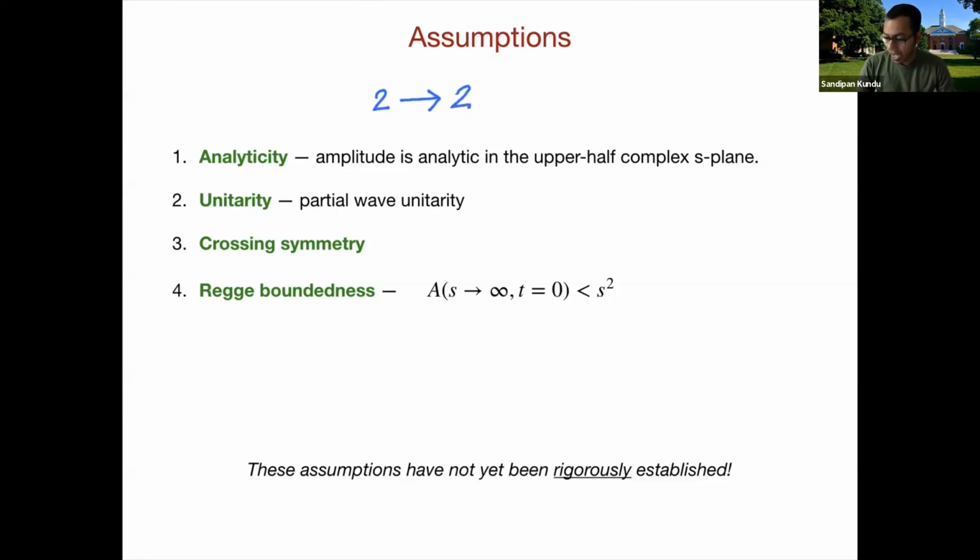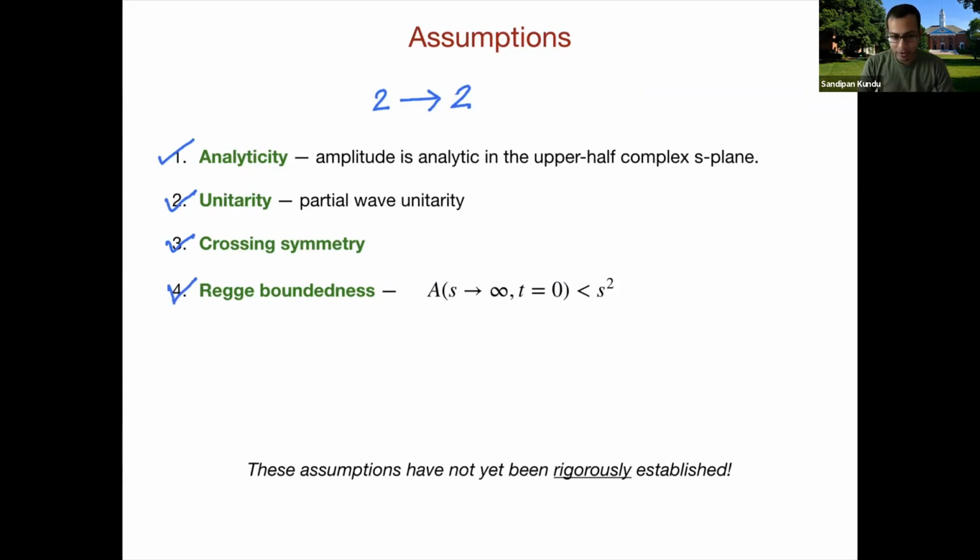So what we have to assume to derive any bound is basically that the 2-to-2 scattering amplitude is analytic. When I say analytic, I mean in the complex S-plane, it's analytic everywhere other than on the real axis. It obeys the standard partial wave unitarity. It's crossing symmetric, and we have to assume something about Regge boundedness.